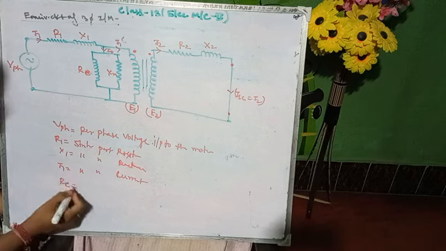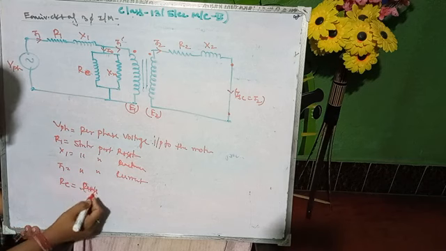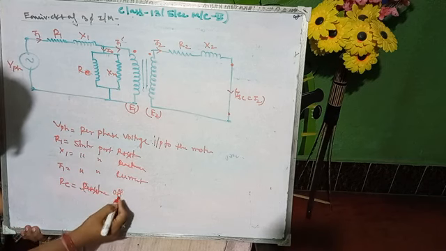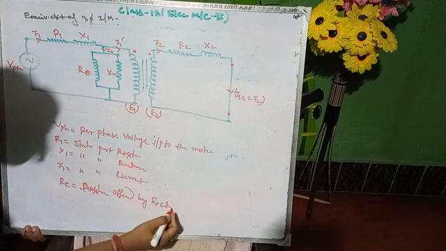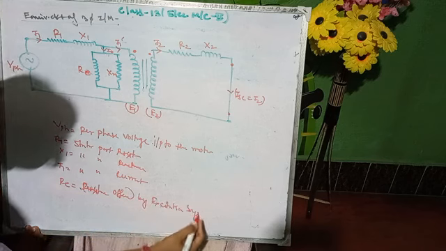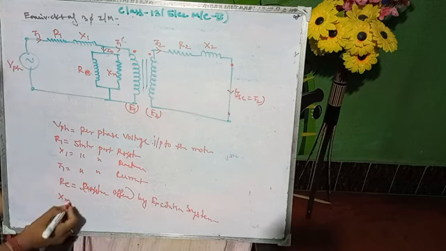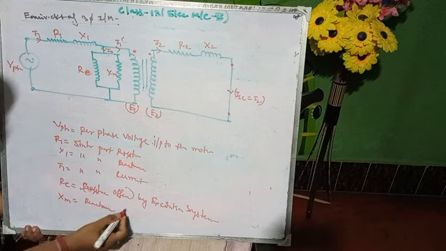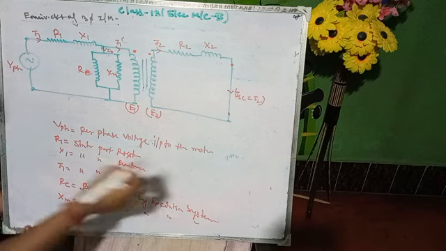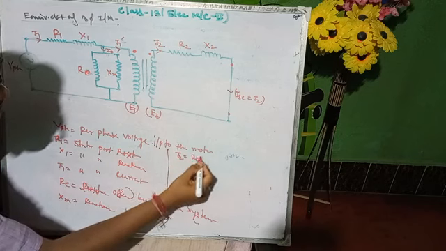Re equals the excitation resistance, the resistance offered by the excitation system, and Xm equals the reactance offered by the excitation system, and similarly I2 equals the rotor part current.